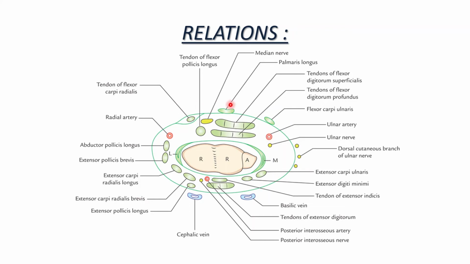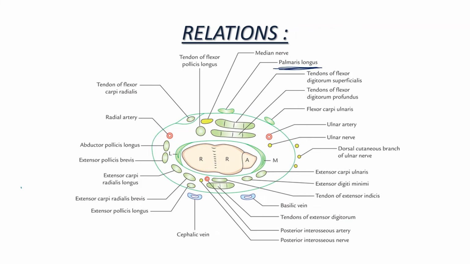In the most superficial portion of the joint, the anterior relations are mainly formed by the tendon of palmaris longus. So in the superficial plane, the relation is mainly contributed by the palmaris longus tendon.